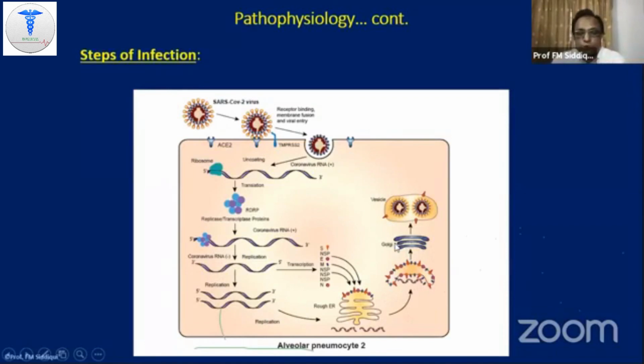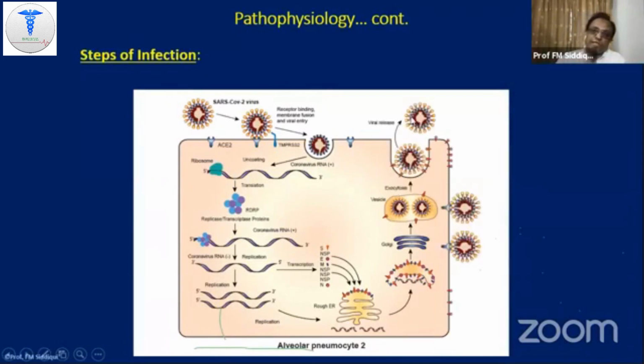Within the Golgi complex, they are further assembled and viral particles and viral proteins are produced, and they are released into the cytoplasm as vesicles. From these vesicles, they are extruded from the cell by a process known as exocytosis.